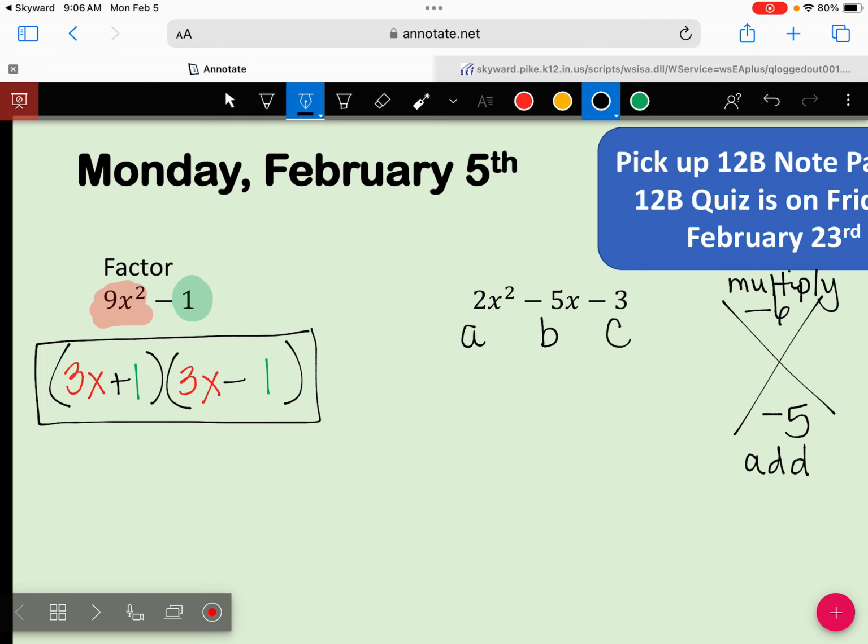Okay, so what are your numbers that would multiply to be -6 but add to a -5? Feel free to look at your multiplication chart if you need to. So we need two numbers that multiply to be -6 and add to a -5.